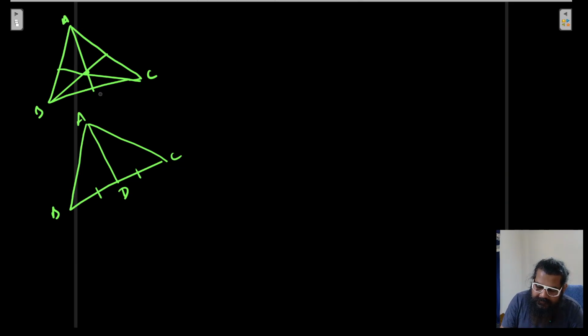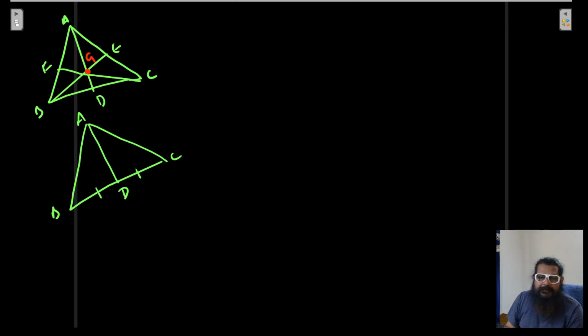So here these are the three medians, median AD, BE and CF. This point is the point of intersection of these three medians, and it is denoted by capital G. So this is the centroid, the point of intersection of three medians of a triangle.